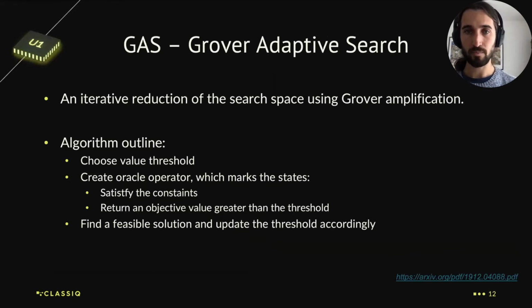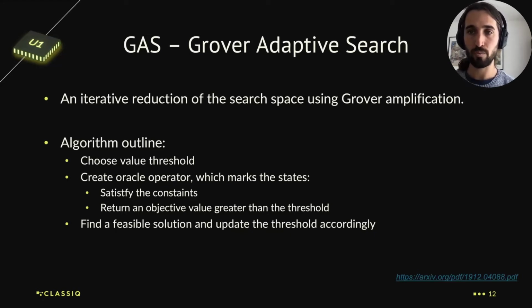Last algorithm, Grover adaptive search. Here, the main idea is just to build an oracle which identifies all the solutions which satisfy the constraint, and in addition, solutions which get an objective which is higher than some threshold.